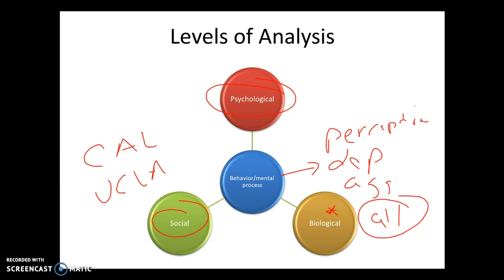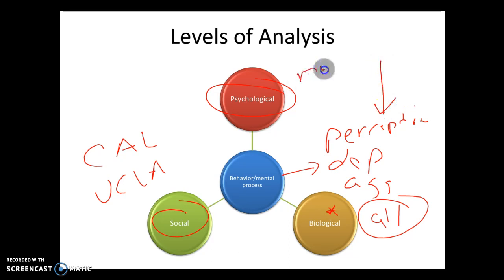Then they asked them questions like about which team committed more penalties, which team played dirtier, and etc. And wouldn't you know it, the Cal fans believed that their team committed less penalties. UCLA believed their team committed less penalties. All of these questions were answered in such a way that showed that people's motivation influenced their perception.